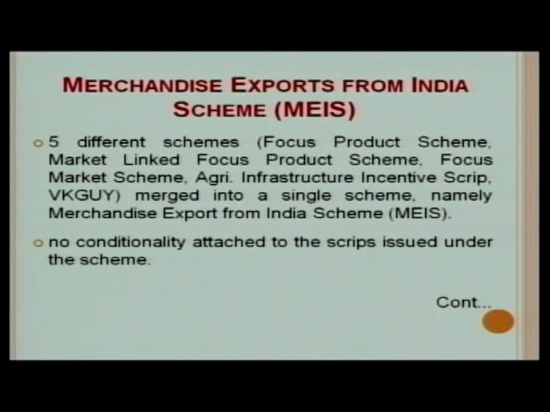If we try to understand the key features of the foreign trade policy 2015-20, there is the Merchandise Exports from India Scheme, MEIS. So, 5 different schemes which were operating earlier have been merged into a single scheme, namely Merchandise Exports from India Scheme. In this scheme, there is no conditionality attached to the scrips issued under the scheme.